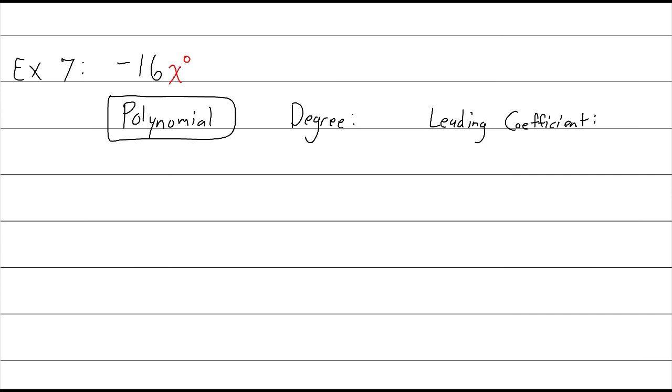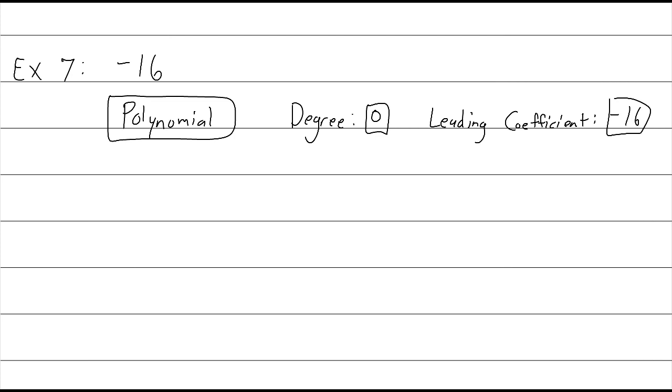So if I think about it like that, then my degree has to be 0. Anytime you have a constant, the degree is 0. Okay, and that number, negative 16, is my leading coefficient because it's my only coefficient.